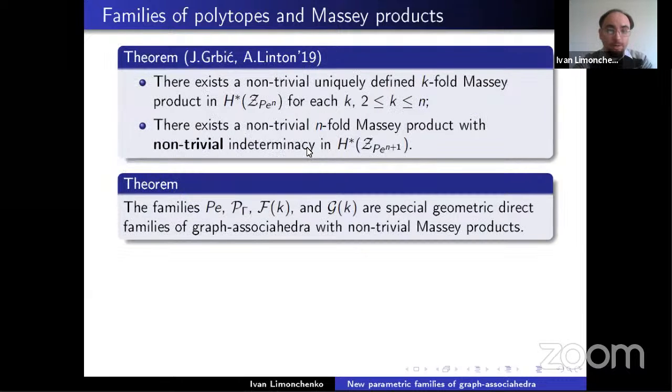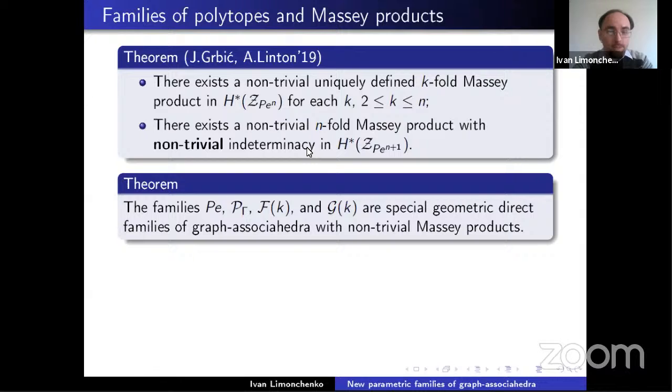Well, recently a paper appeared on the arXiv by Yeroshkin and Abe, who showed very nice results about higher non-trivial Massey products with non-trivial indeterminacy, first of all, and they also analyzed some families of plug nestohedra, in particular permutahedra, and obtained that there exists a non-trivial uniquely defined k-fold Massey product in the cohomology of the moment-angle manifold corresponding to the n-dimensional permutahedron.